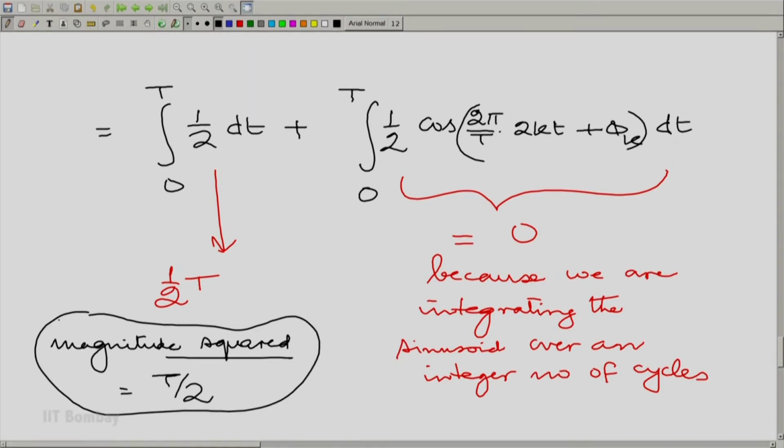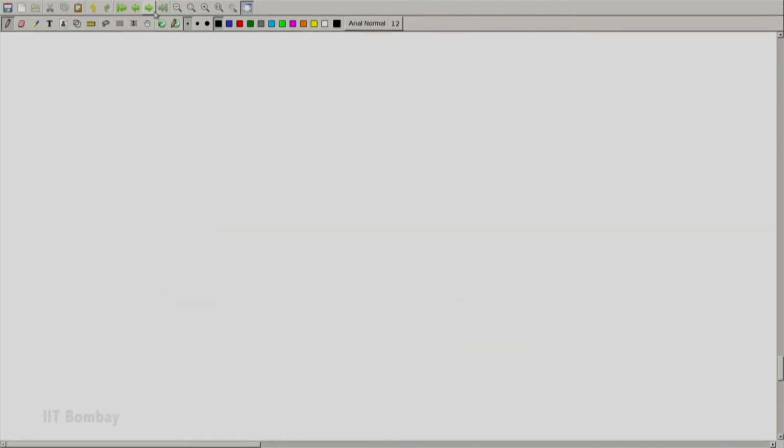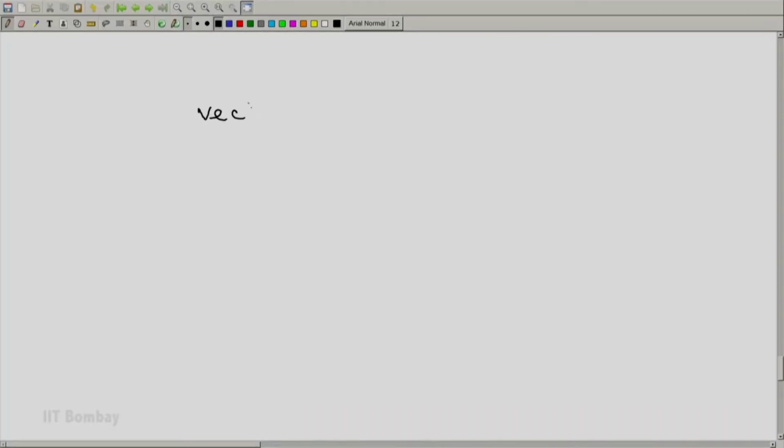So, the unit vector that we want is essentially this vector divided by the square root of the square of the magnitude. In other words, the so-called unit vector that we want is the original vector divided by the magnitude, which we will now write down.